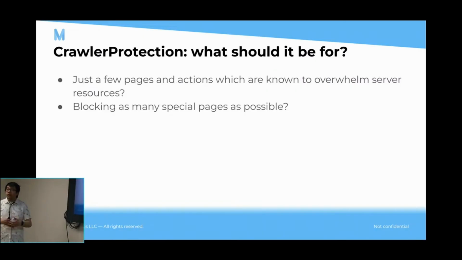So now it's time for an existential question, and this is the reason why it's a roundtable discussion. What should crawler protection in the future be for? Should it just be a few pages and actions which are known to overwhelm server resources like it is right now? Or in certain cases, I've seen people take crawler protection and block all the special pages that they can without maybe exempting a few that are absolutely necessary to run.